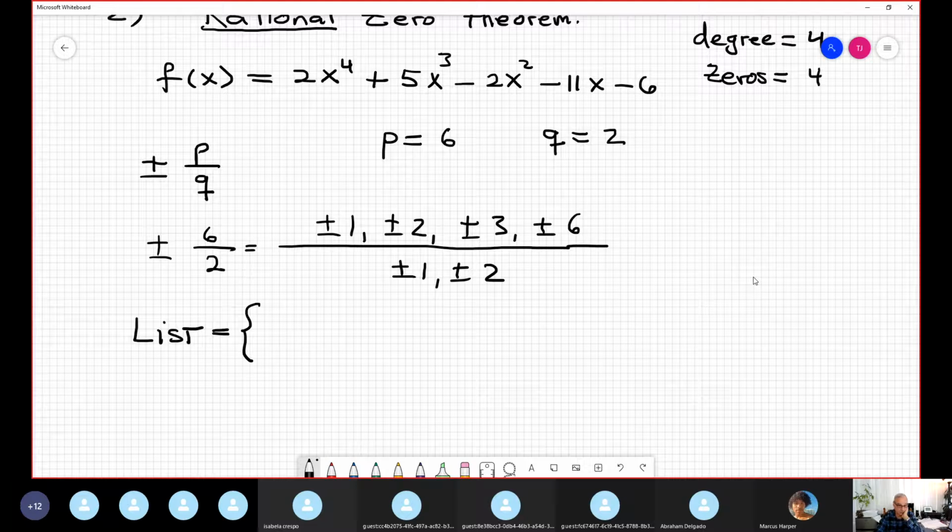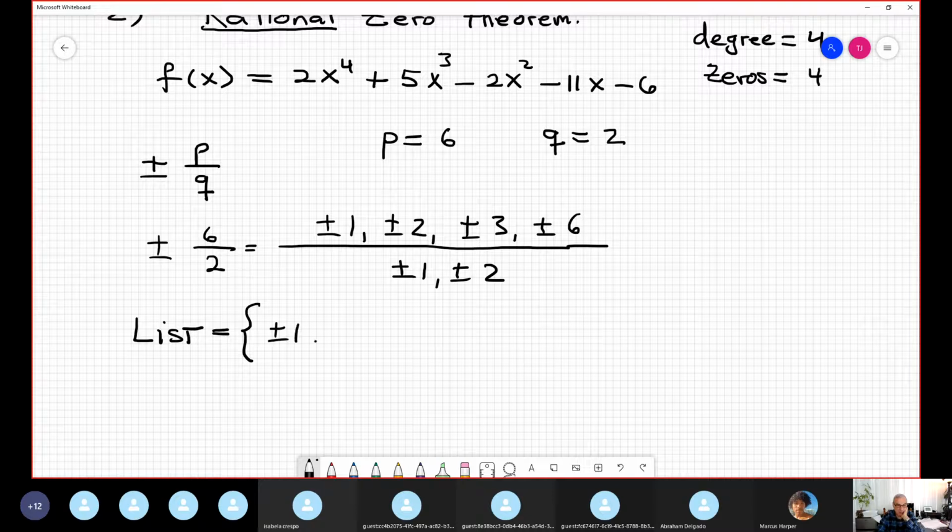For example, you take the first with the first, and the first with the second, sequentially. The first is plus or minus 1.